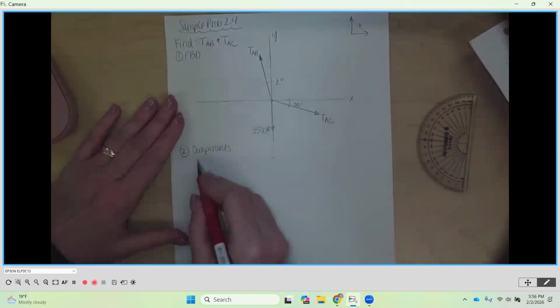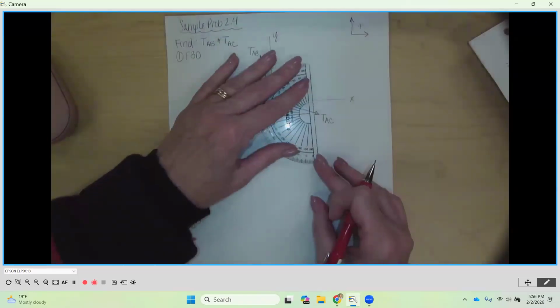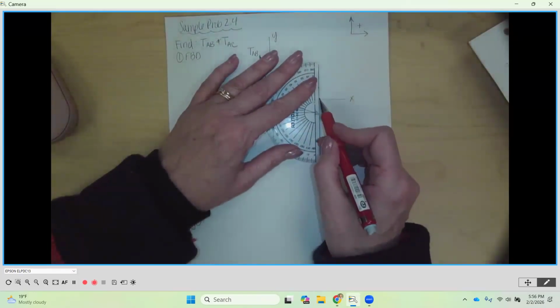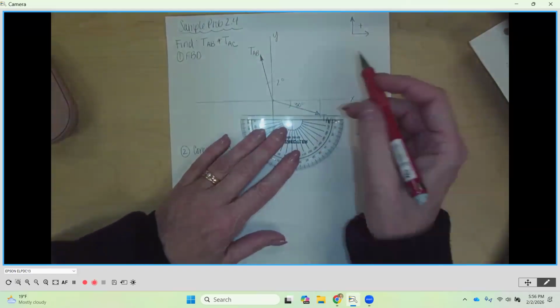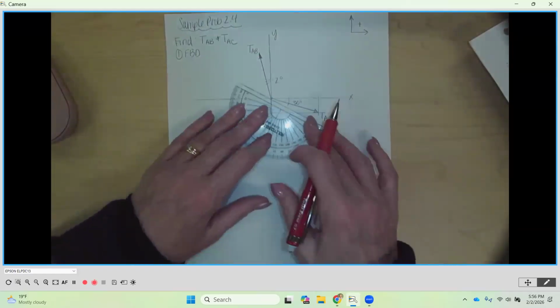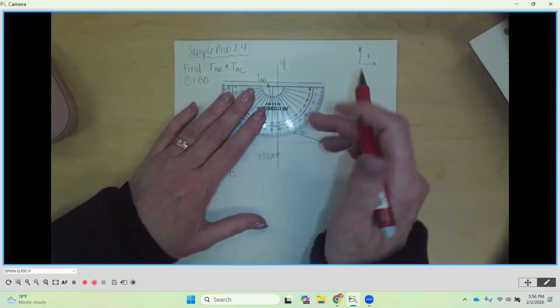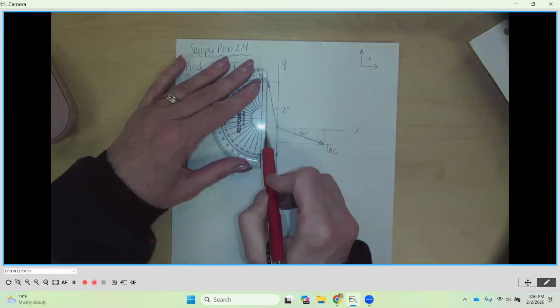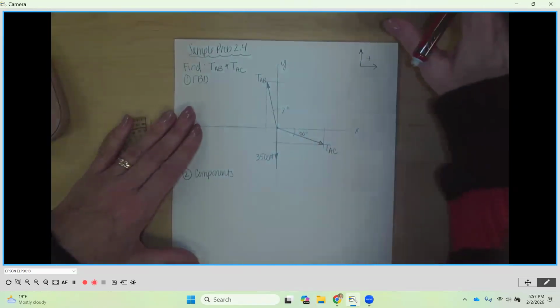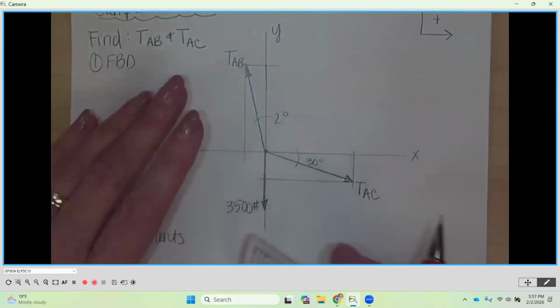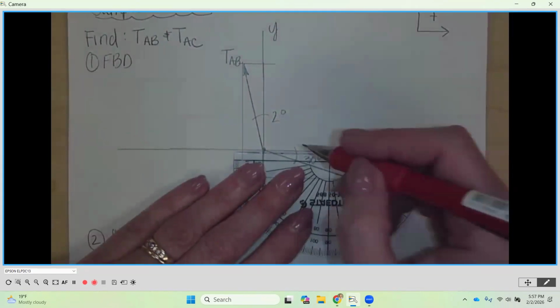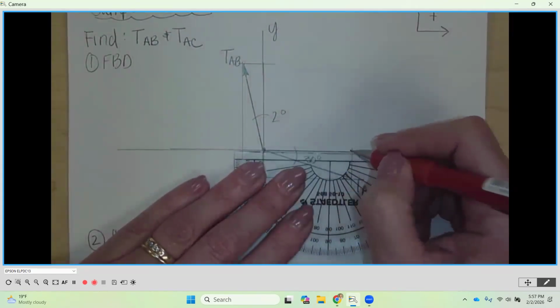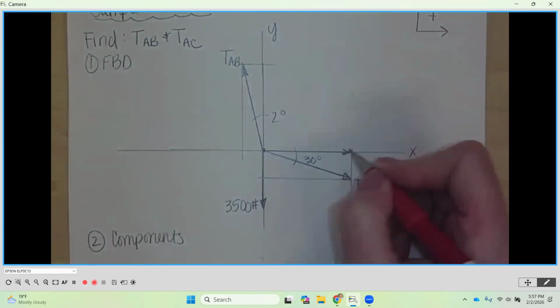So for our components, let's draw our components on our illustration first. Go ahead and do that, and also add your labels. You should be pretty familiar from Module 2. You'll have an X and a Y for each one.